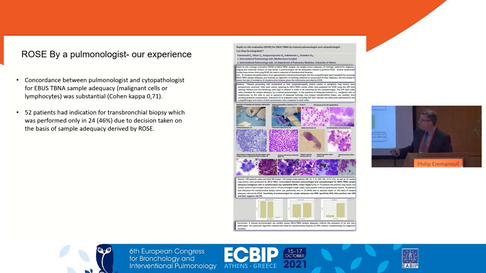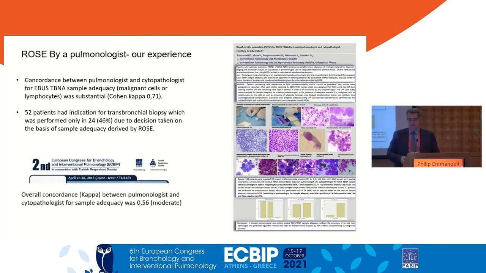We avoided transbronchial biopsy in about 50% of our patients, given, of course, that we had enough histology material. This was not the case the previous time we checked our data, back in 2013 at the second European Congress, where our sample adequacy was 0.56, which was moderate. So we are still learning.